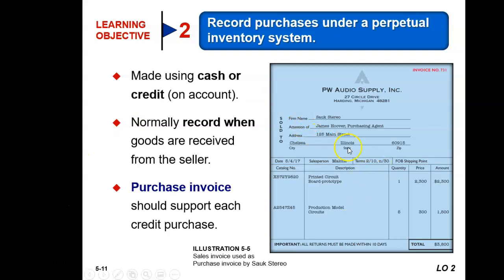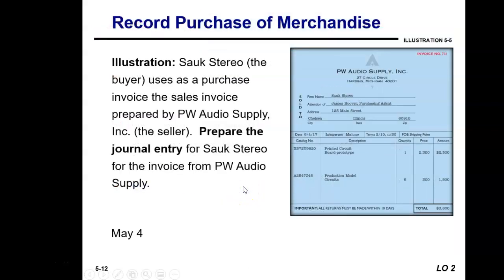And also, there's something called shipping terms that says FOB shipping point. We'll discuss what that means as well. So notice that the total for these products totals $3,800.